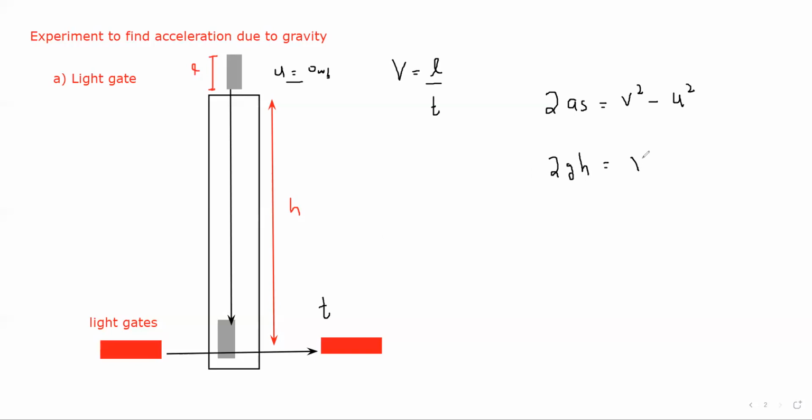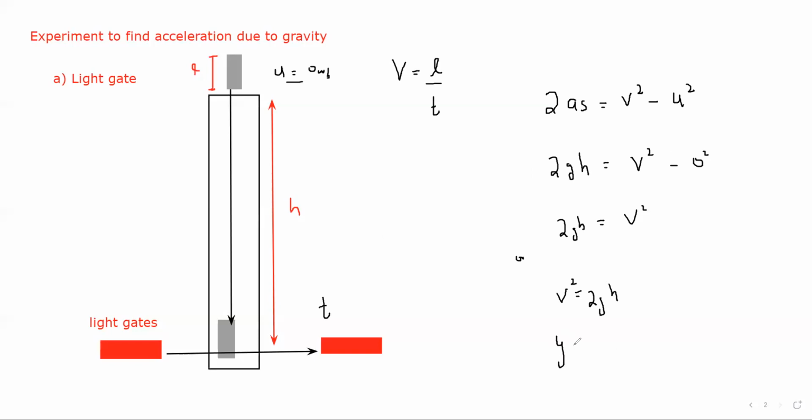Initial velocity is 0. The final velocity we can identify from the light gate. So it will become 2gh is equal to v square. Or I can say v square is equal to 2gh.